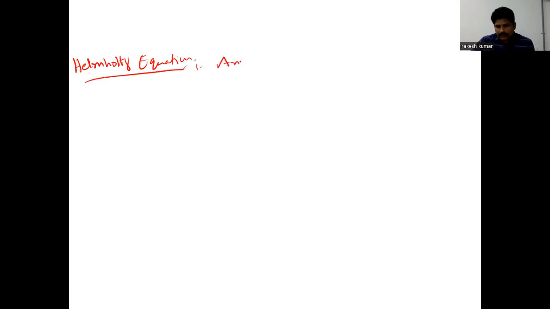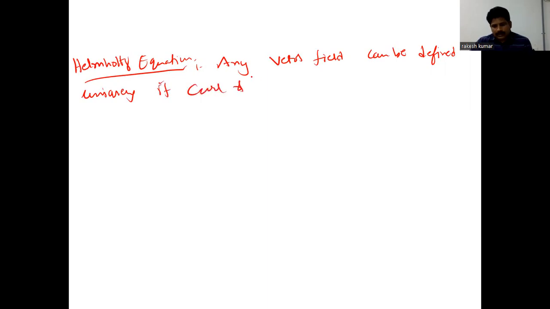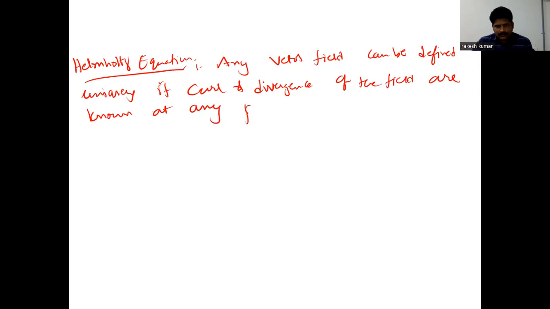Very, very important one: any vector field can be defined uniquely if the curl and divergence of the field are known at any point.